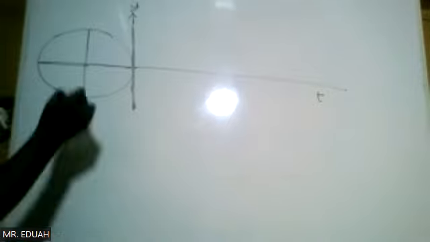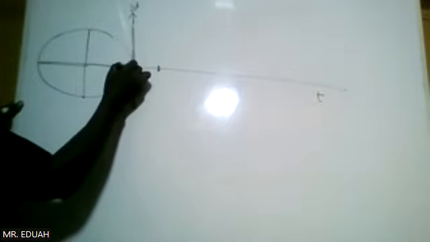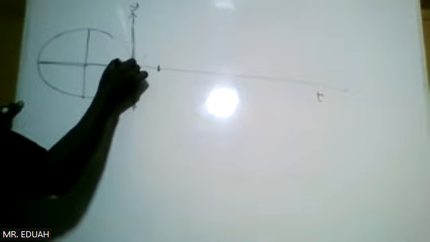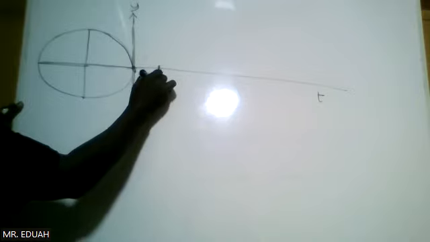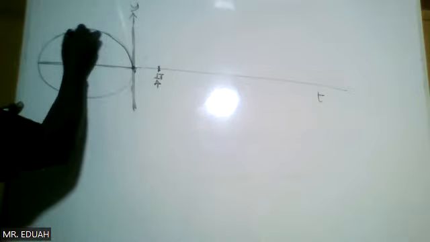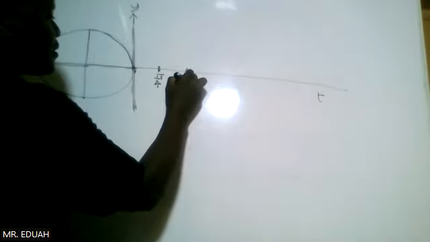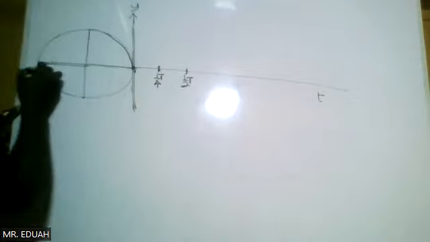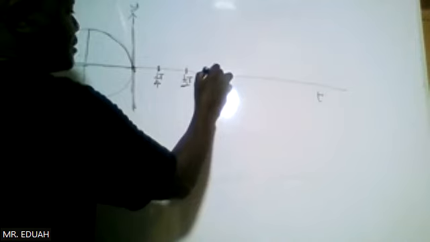Now over one cycle, look at it. It starts from t is equal to 0 over here. When it's here, it is a quarter of the period. When it comes here, half of the period. When it comes here, 3/4 of the period.